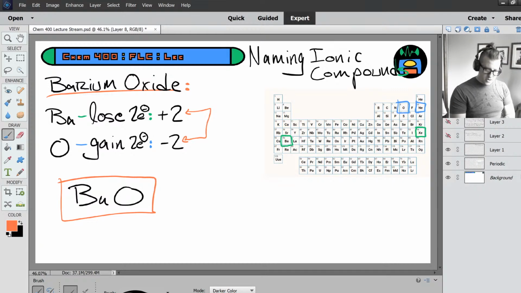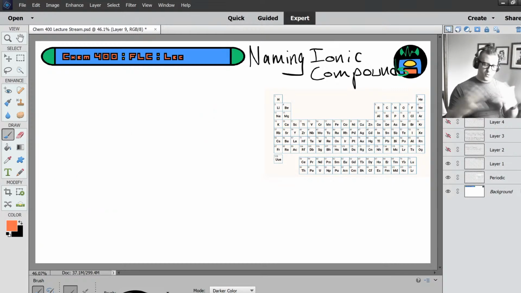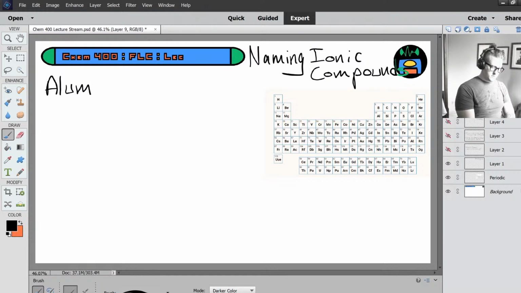All right, let's do one final example before moving on to the next thing. Let's do aluminum sulfide.